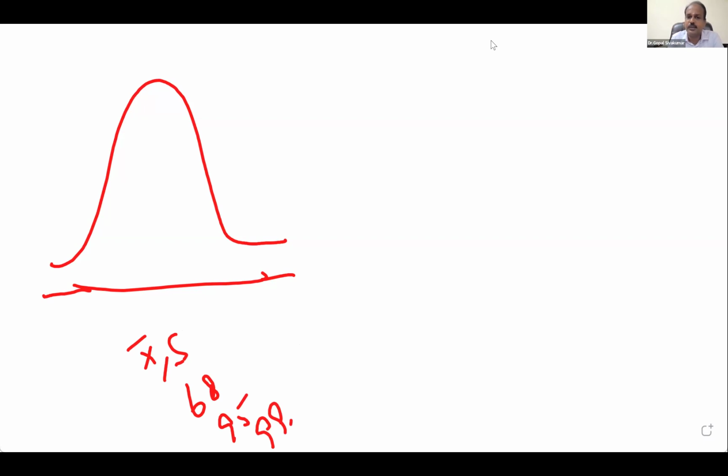But when I come to your company, you will be dealing with real products, yes or no? From your products also I can generate data. So the bell curve of the marks cannot be used to study the bell curve of your products. To overcome this, I go for a standard bell curve.